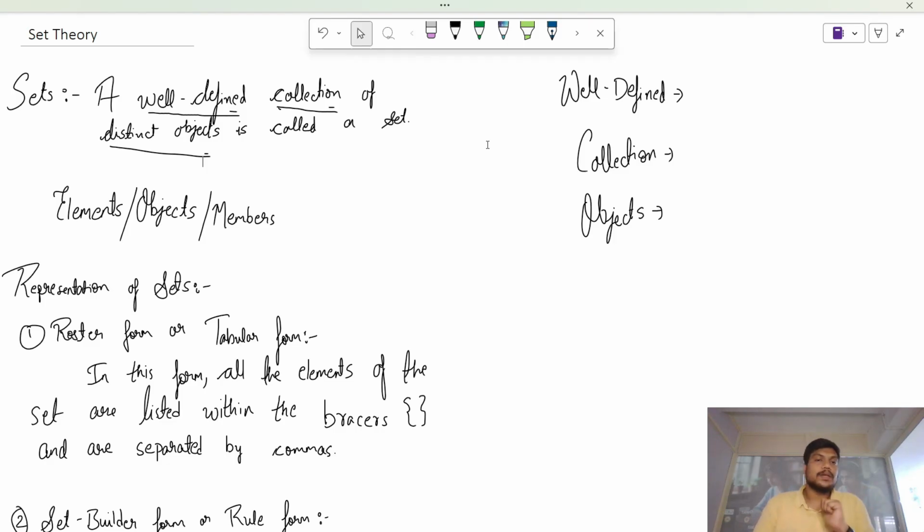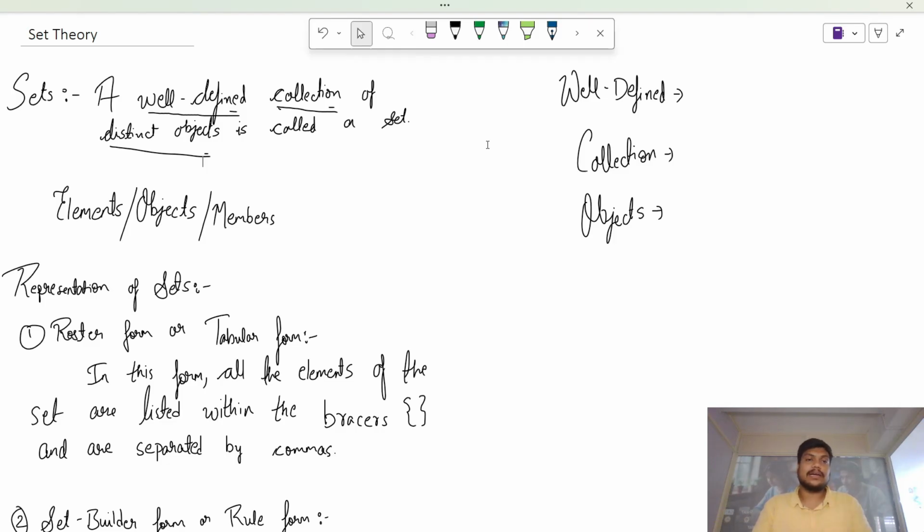So in this case, the collection is not properly defined. You have your own opinions and depending on that you will make your set. So each one of us would have a different collection. So we can say that this collection is not a set. Why? Because it is not well defined.